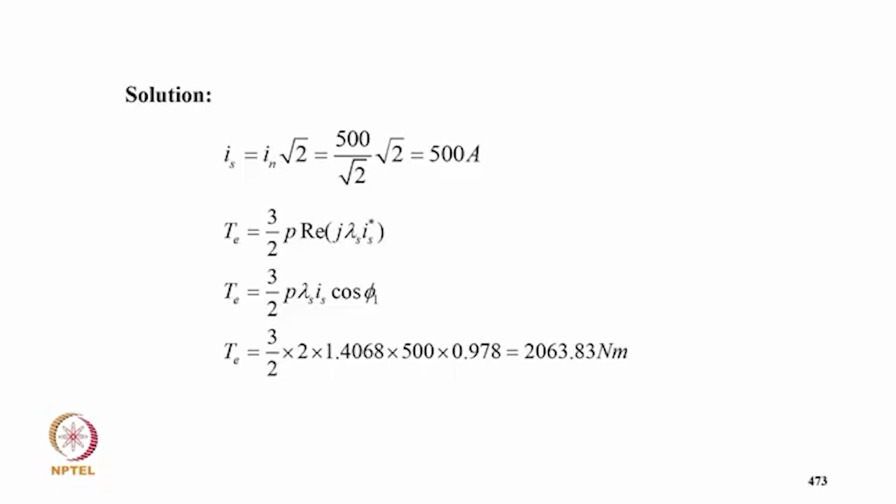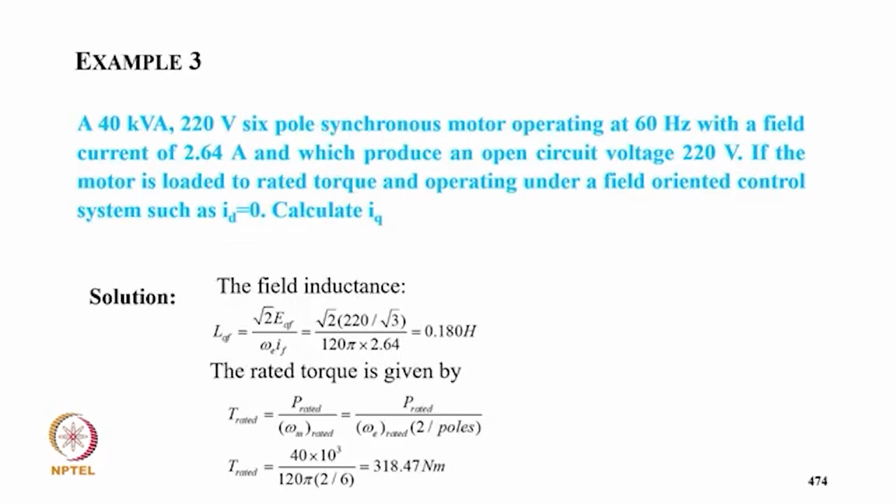Determine the electromagnetic torque. So Is equal to In root 2, that comes to 500. T equal to 3 by 2 P real part of j lambda s Is star, so T equal to 3 by 2 P lambda s Is cos phi 1. Putting in the values, it comes to 2063.83 Newton meter.